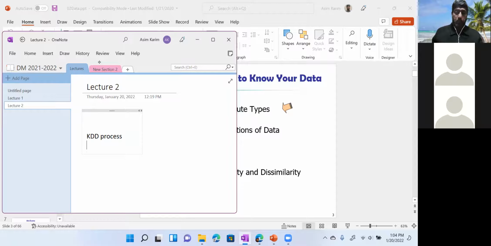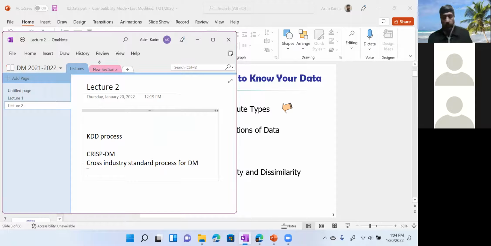So that is fine, but there are also a couple of relevant standards in the industry that try to standardize the data mining process. Of course, they have tried. It's not the de facto standard, but it still gives you a good idea of how data mining should be done to get good results. One such standard is the CRISP-DM, which is basically the Cross Industry Standard Process for Data Mining.